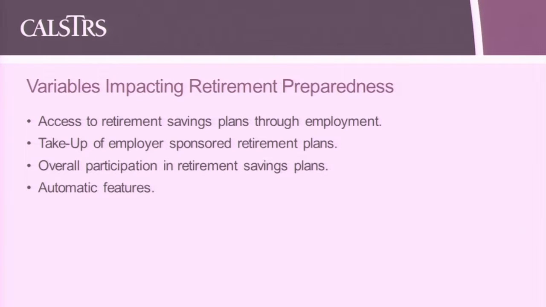So again, shifting topics a bit, there are really two primary variables that impact retirement preparedness. I started the presentation saying people do better with a little help. With a little help, people wind up being more prepared. The two things that seem to help folks be prepared the most are, one, having access to an employer-sponsored retirement savings plan, and two, having their retirement savings plan have some automatic features incorporated.